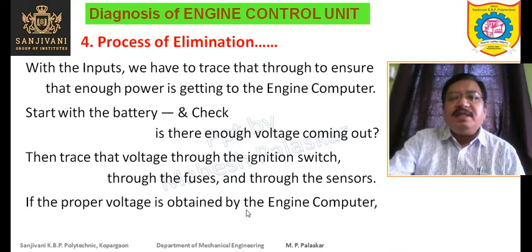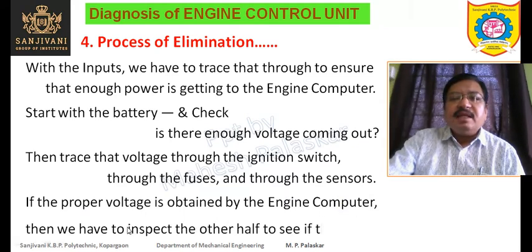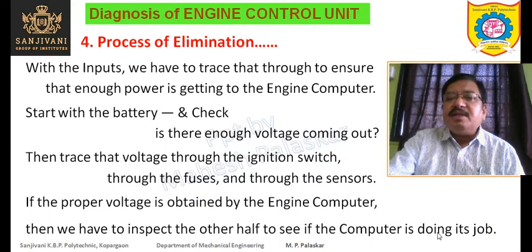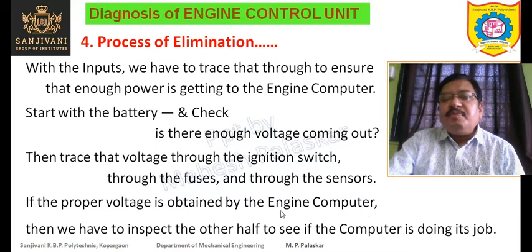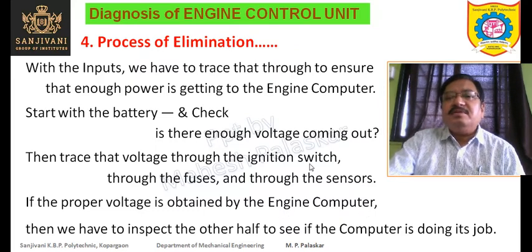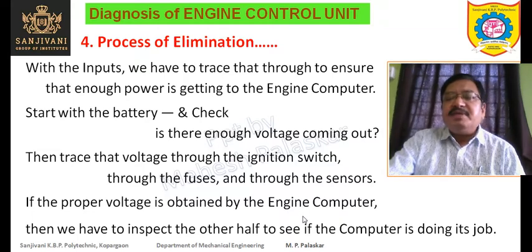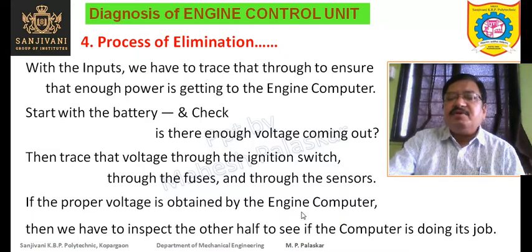If proper voltage is obtained by the engine control unit, then we have to inspect the other half to see if the computer is doing its job. If all the input is obtained by the engine control unit, that means we have to check the other part. We have to check the output.